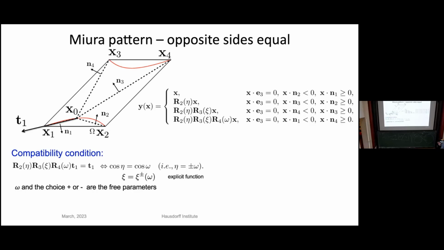That's the beautiful part, and this is the formula for the homotopy. Let omega go from 0 to pi. For example, if you take plus omega and use this formula, you can take omega as the free parameter. You choose omega to be something, and you can plot with Mathematica the two examples with plus omega and minus omega. That's the intermediate state. If I kept going with omega, this would eventually be flat.